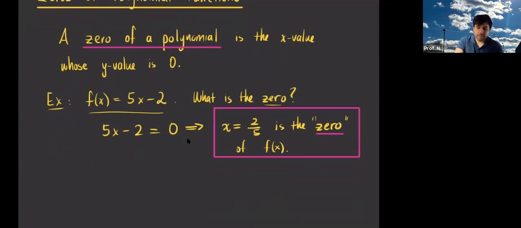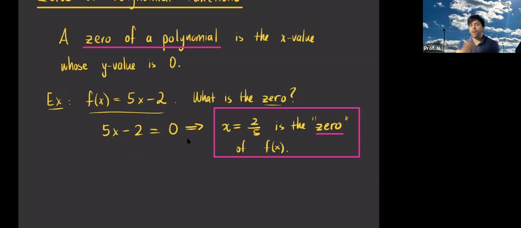And then someone says something very important. This 0, this x equals 2/5 in this example, would be exactly the place where it crosses the x-axis. So the 0 of a polynomial has more than one interpretation.